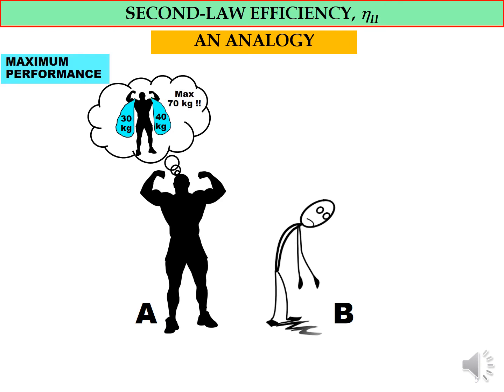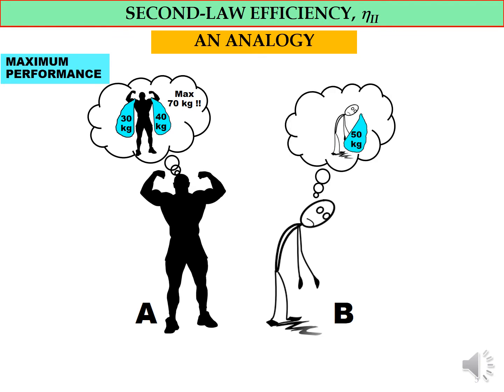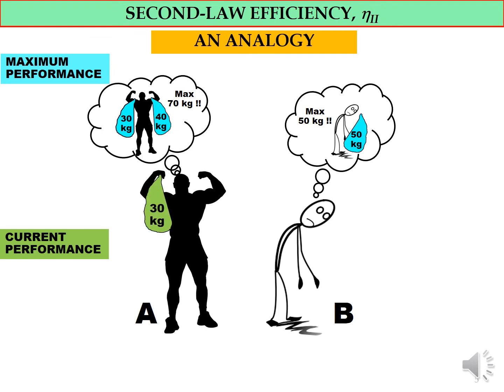This is his maximum performance. Whereas B can only carry 50 kg. This is his maximum load that he can carry. However, for the current performance, person A carries 30 kg and person B also carries 30 kg.